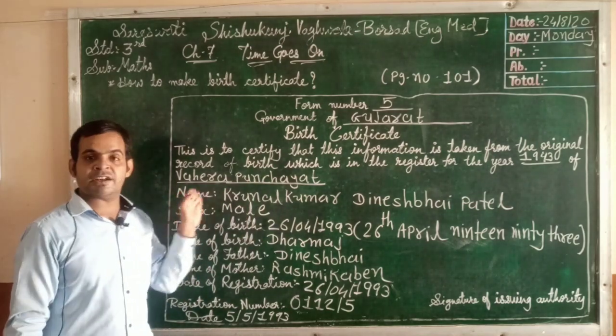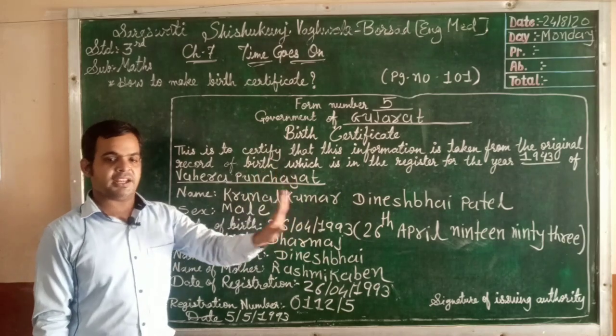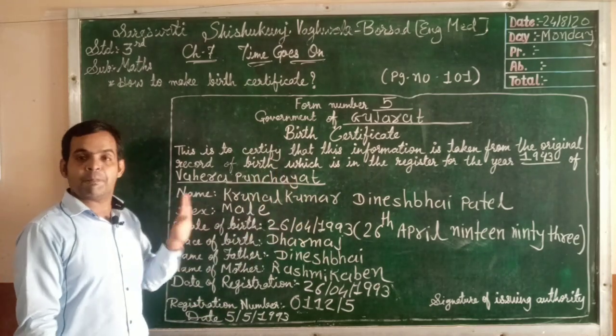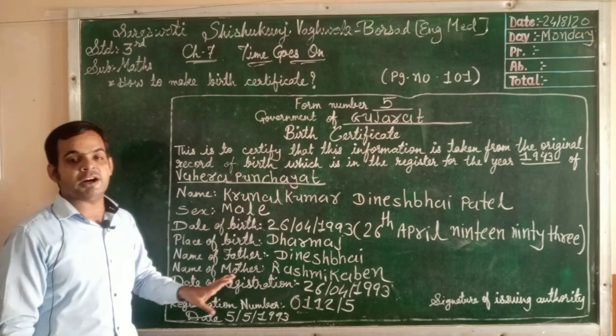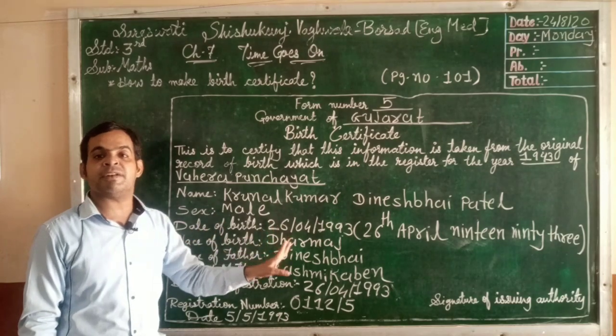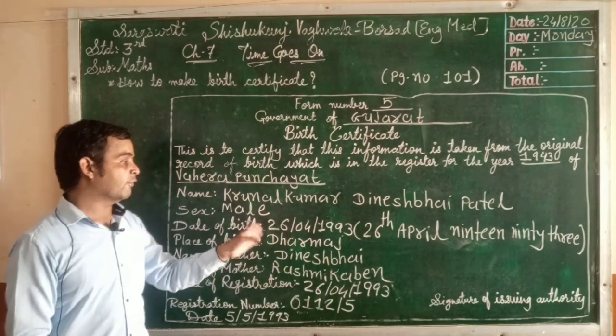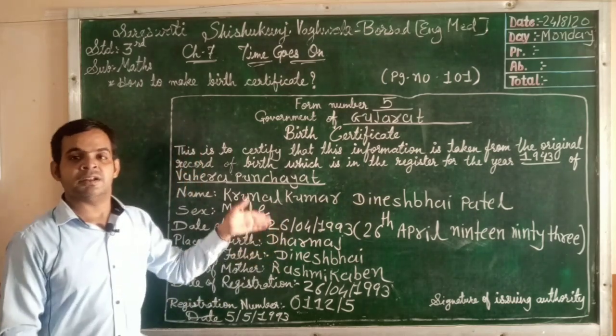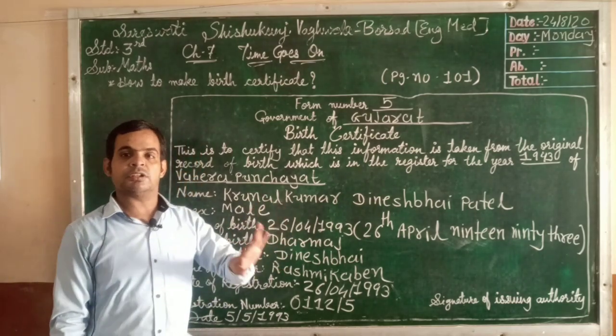My name here written Krunal Kumar Dinesh Bhai Patel. Then here I write sex male. Then date of birth here I written 26 April 1993. Here I write date of birth in words and numbers both, right?